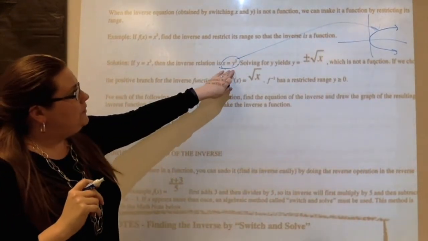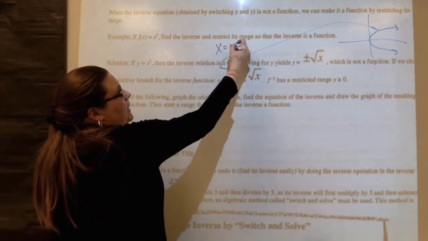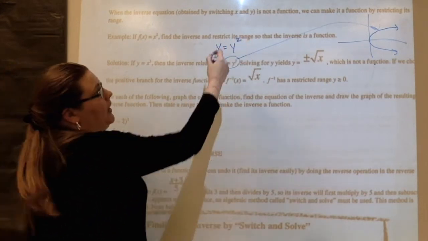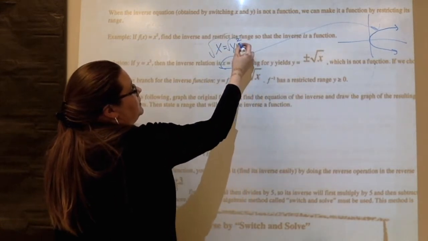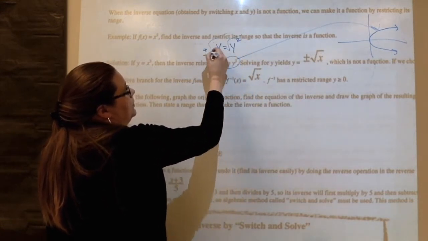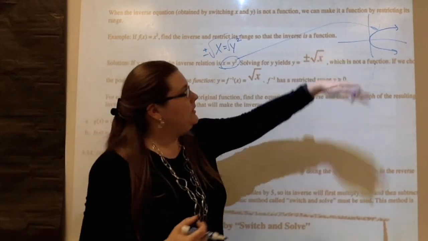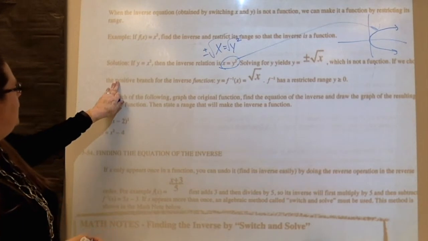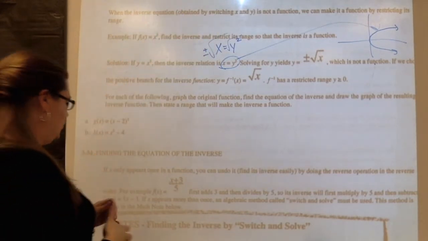If we solve this for y, which means we would take the square root of both sides, we would get y equals positive or negative root x, which is not a function. We can see that. But if we choose only the positive branch for the inverse function, then we've restricted the range.